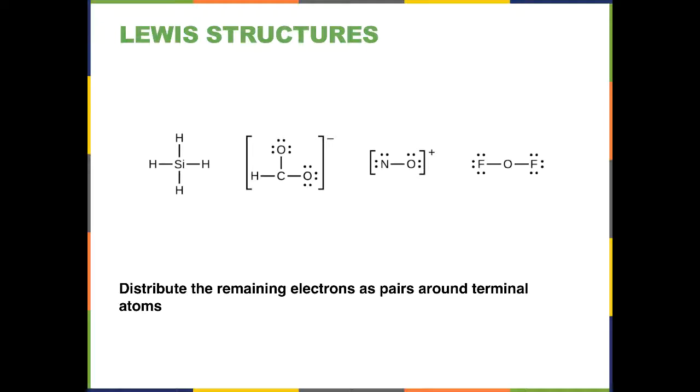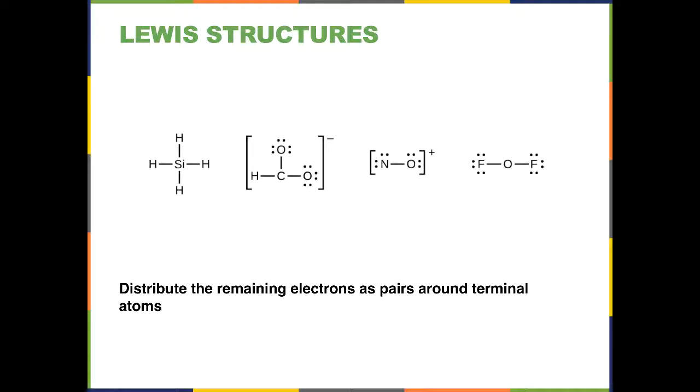So right now this looks pretty good. Now the one problem is this carbon here doesn't have 8 electrons. It doesn't fulfill the rule of octet. It only has 6 electrons because it has the 3 bonds. So we're going to have to do something about that.